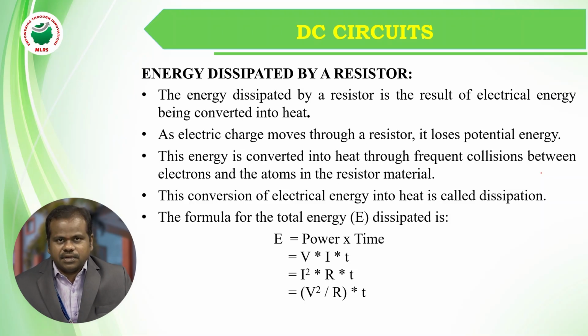From the definition of power, it is given by the product of voltage and current, which is equal to V into I into time.